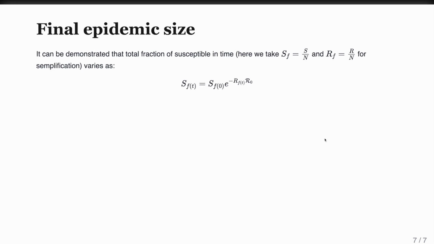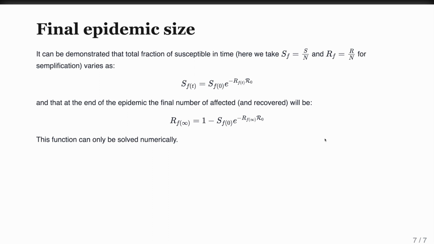One final insight that can be derived from reproductive numbers is the final epidemic size. It can be shown with some reformulation of the SIR model that the final size of the epidemic, that is the total number of people here marked as recovered, actually, not the total number, but the total fraction of people that have met the disease before the epidemic dies off, is related to the number of susceptible people at the beginning of the epidemic.